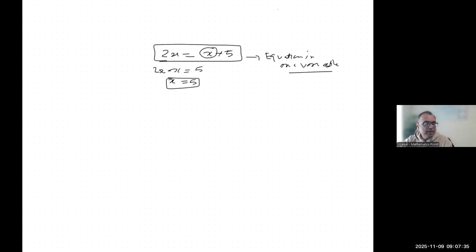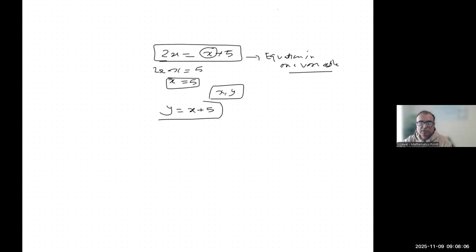Now, let's write something in two variables. The two most commonly used variables in algebra are x and y. If I say y equals x plus 5, what I've done here is written an equation.